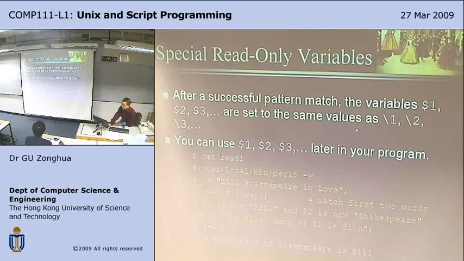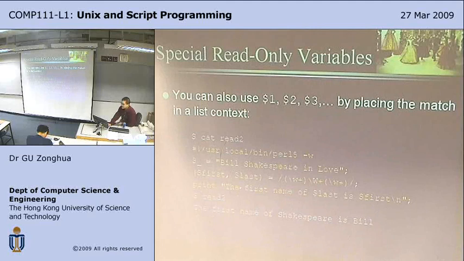If you want to use the same value in the regular expression, you use \1, \2. So after this command, the first parenthesis is stored in $1, the second parenthesis is stored in $2.